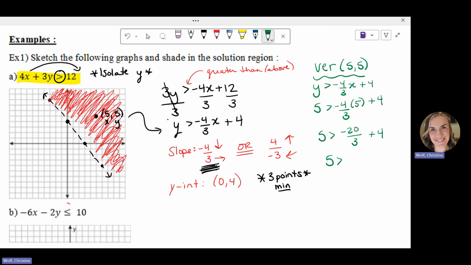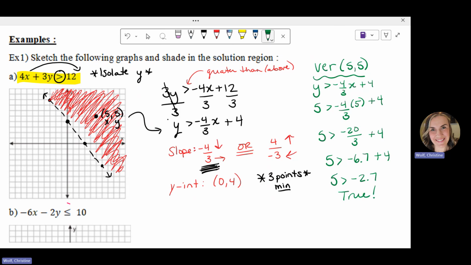And you can just use decimal. So 20 divided by 3 is negative 6.7. Oh, goodness. I did not do that on purpose, 6, 7. Okay. And then we're going to add 4 to that. Your final inequality would be 5 is greater than negative 2.7. Is that true? Yeah, it is true. 5 is greater than negative 2.7.